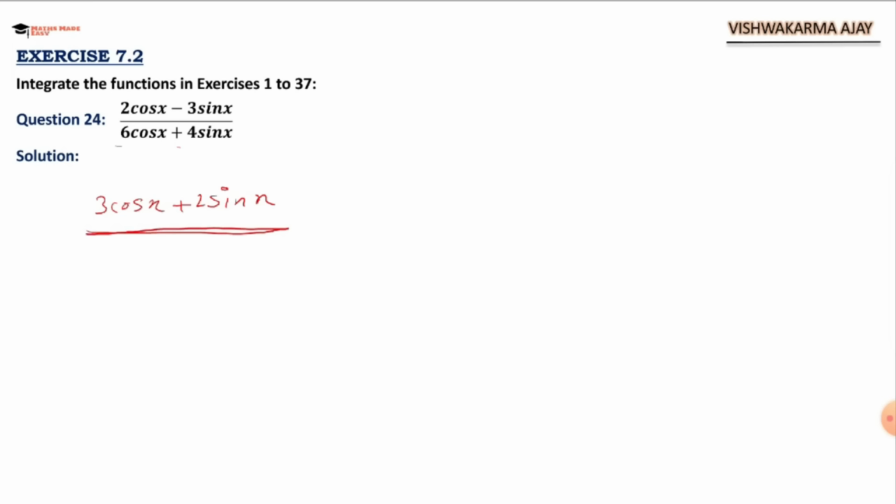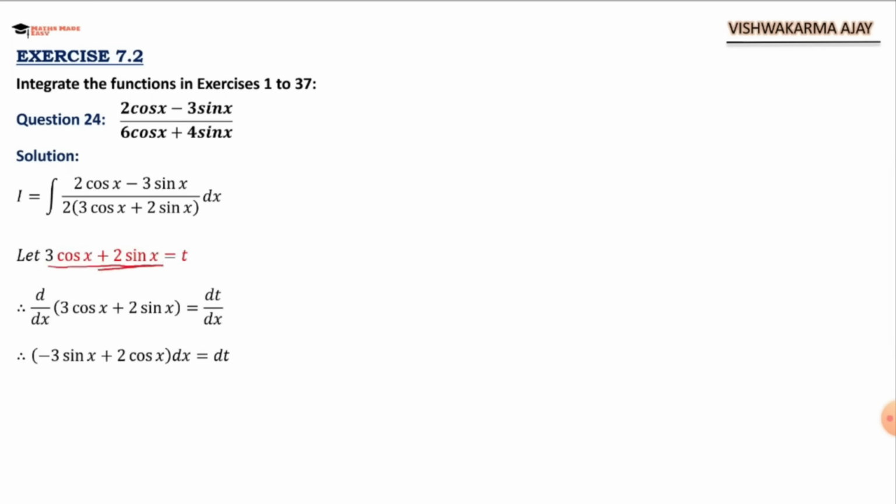Derivative of cos x is minus sin x, and derivative of 2 sin x is 2 cos x. You will see how. I took 2 common.